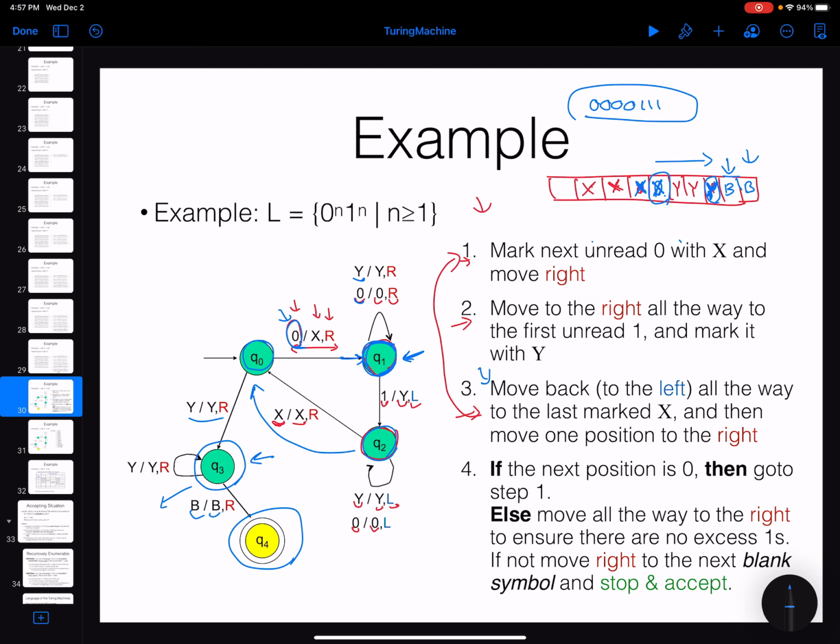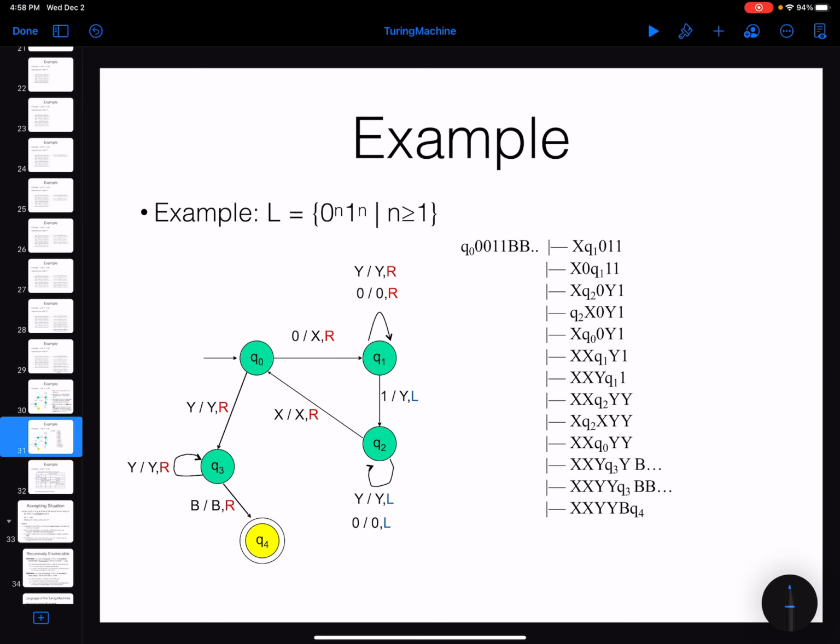You have marked a 0 and then come back to count the corresponding 1 and you didn't find that 1. The machine is going to crash here, and so this is going to reject the string. This is not an accepting state.